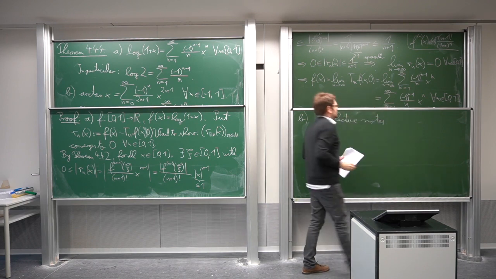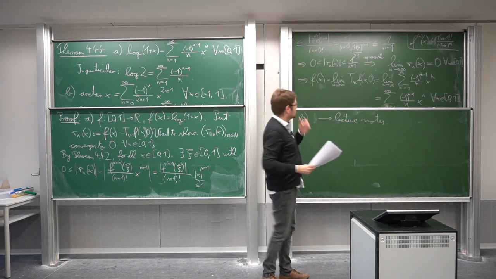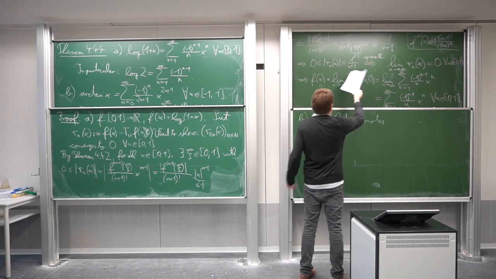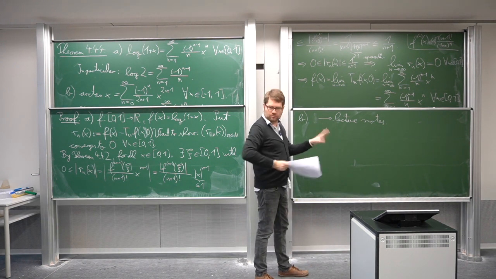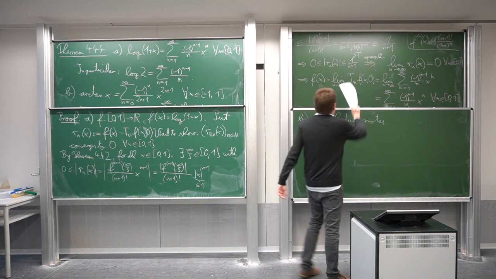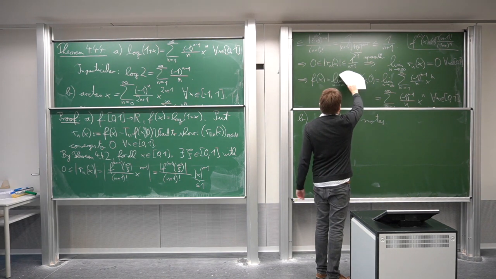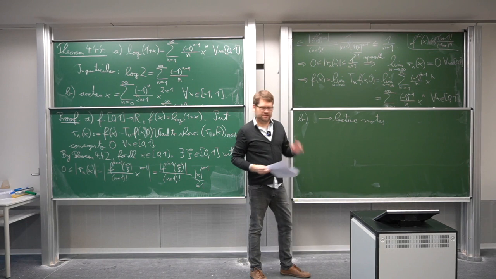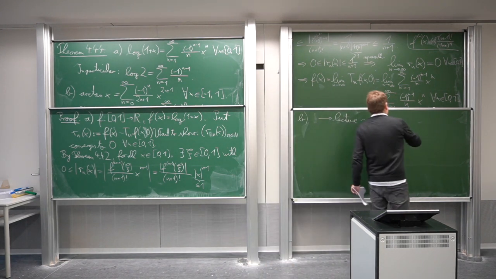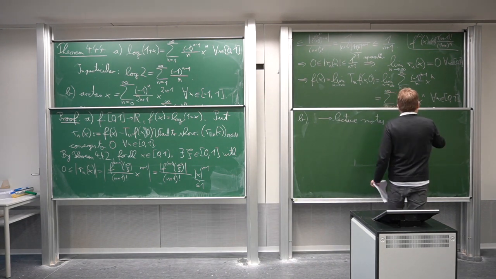And the argument is precisely the same. We take the difference of the function and the Taylor polynomial, so this remainder term Rn of x, and do some little computations, nothing too weird, nothing too special, to show that this is bounded, squeezed in between 0 and something going to 0. And by the same argument, we get the same property here.